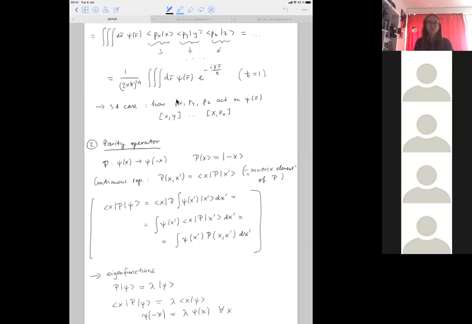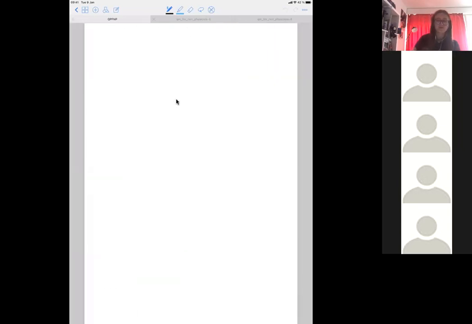So what conclusion can we make from here? Since this has to be true for all x, there are only two options for the function psi. The first option is that psi of x is even, so psi of x equals psi of minus x.